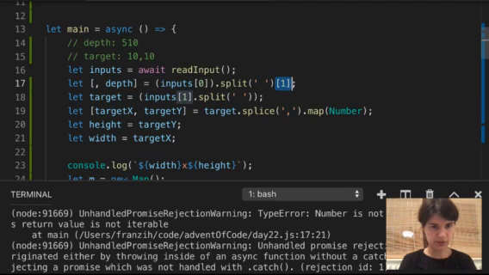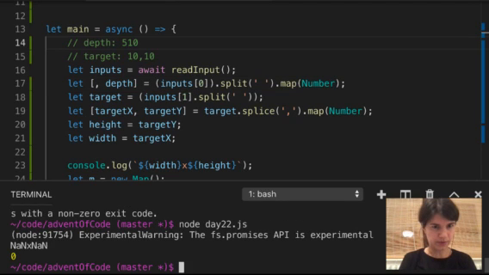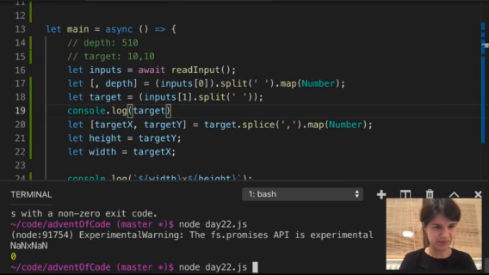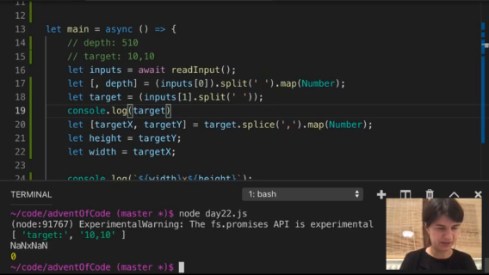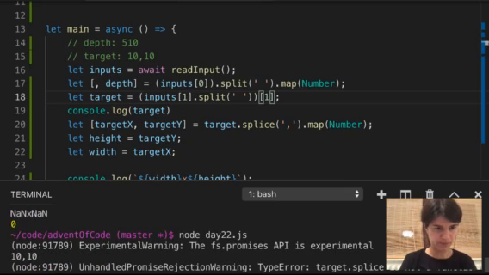We're doing pattern matching here, so you want to map this to a number. That worked well. Then target is equal to console.log. I guess I messed up the target. Oh yeah, the target is both of those, because I'm splitting at the comma, and I really just want the second part. Target.splice is not a function. Why did I say splice instead of split?